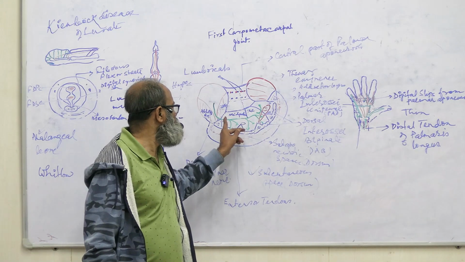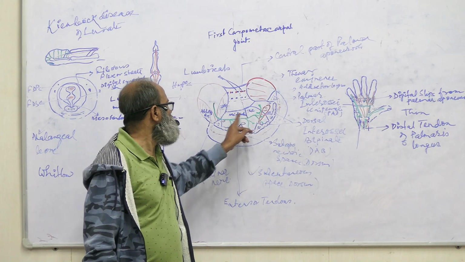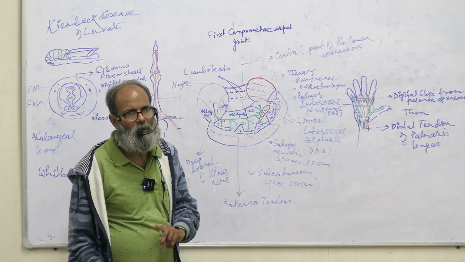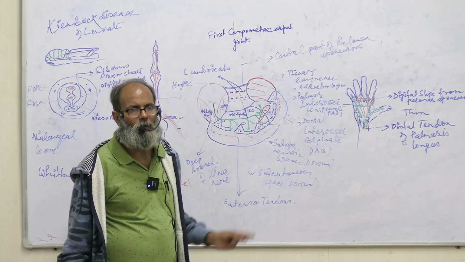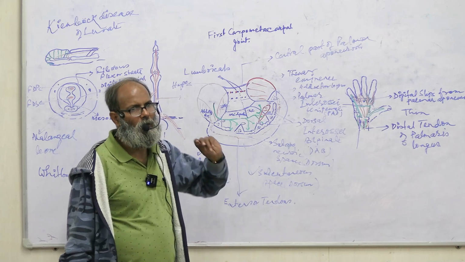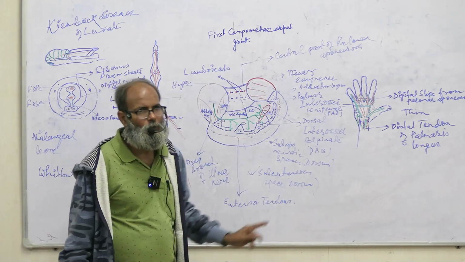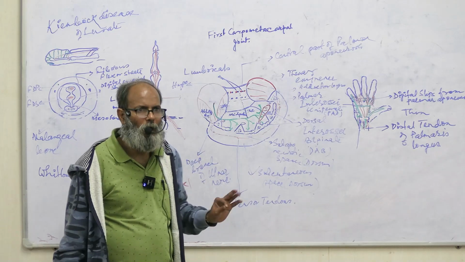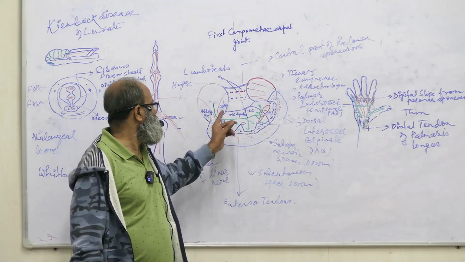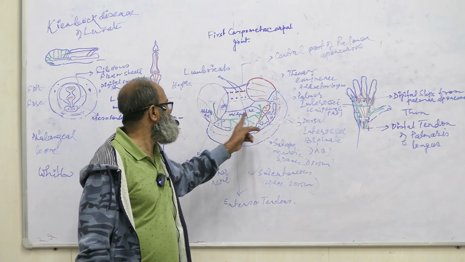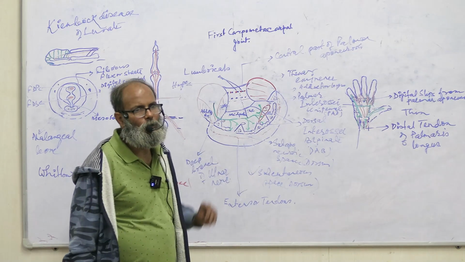This divides the space below into the thenar space and the mid-palmar space. Got my point? This palmar interosseous fascia is a thick one, right? And the space below it is divided into the midpalmar space and the thenar space.